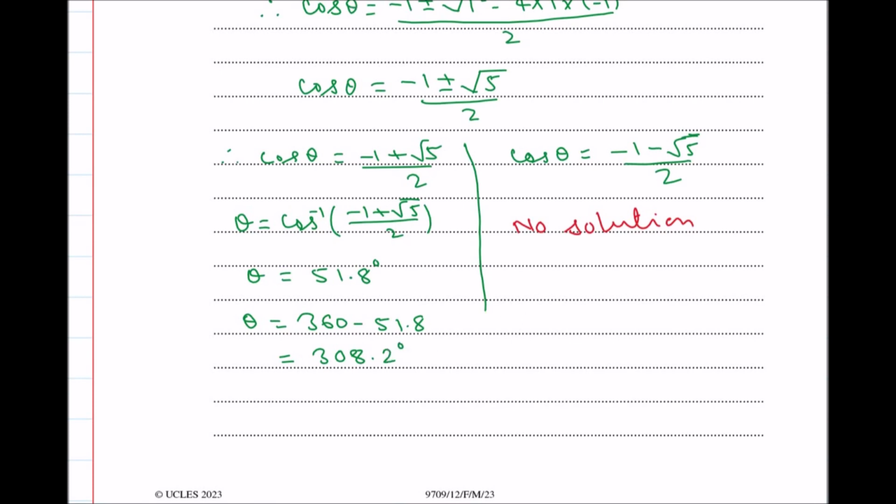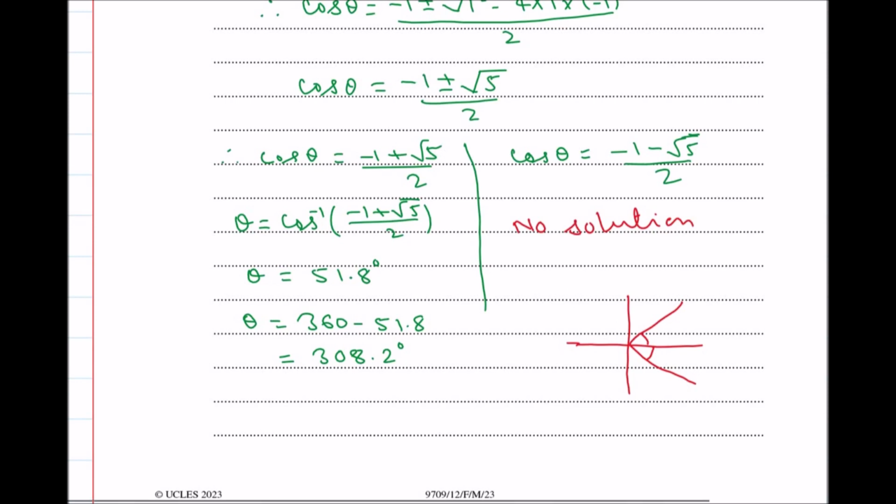So why is it so? Why do we need to subtract? Let us draw a CAST diagram. We got the first angle for cos positive. Cos is positive in the first quadrant and the fourth quadrant. So this is your principal angle 51.8. Then the other part will be drawn in the fourth quadrant, because cos is positive in this quadrant also. So this is also the same value.